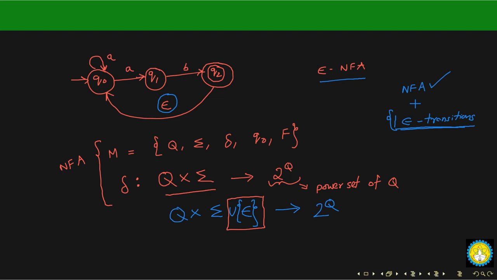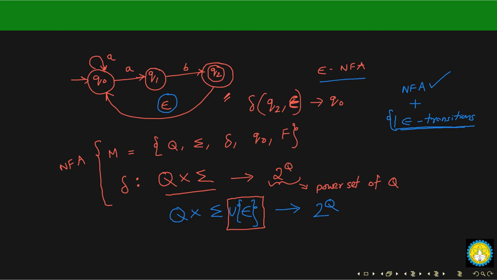Okay. So if you look at this diagram, there is a transition function defined on Q2 comma epsilon, right? The transition function on Q2 comma epsilon is actually mapped to Q0. You can understand this from the diagram.